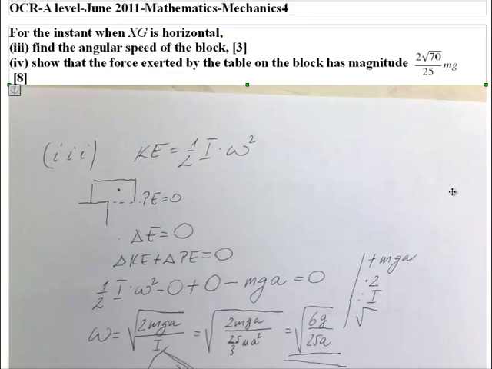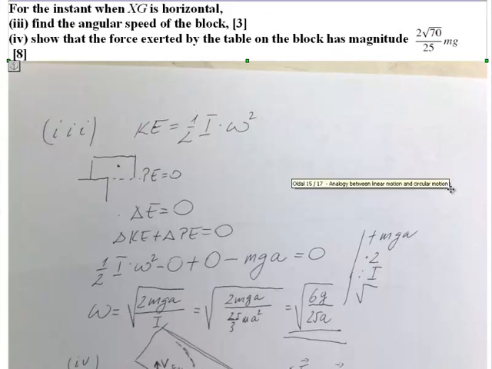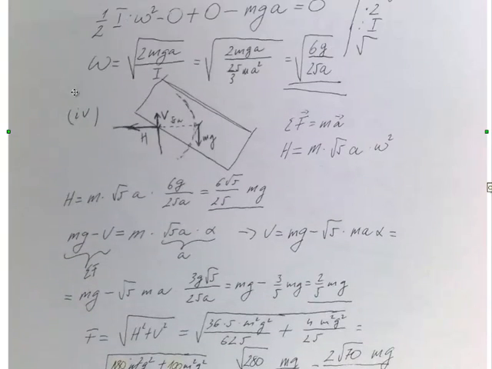For the instant when XG is horizontal, show that the force exerted by the table on the block has magnitude 2 times square root of 70 over 25 times m times g. So here is our figure. There are three forces, V vertical, H horizontal, and m times g, and we will use this formula, horizontal and vertical. First, horizontal.